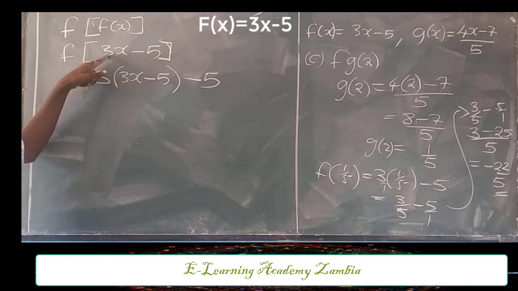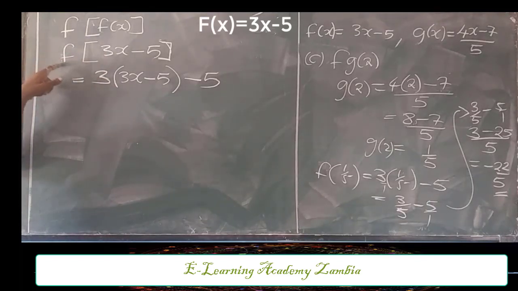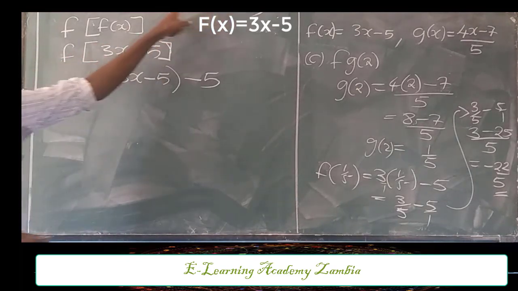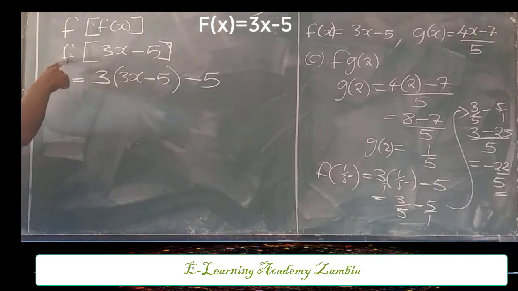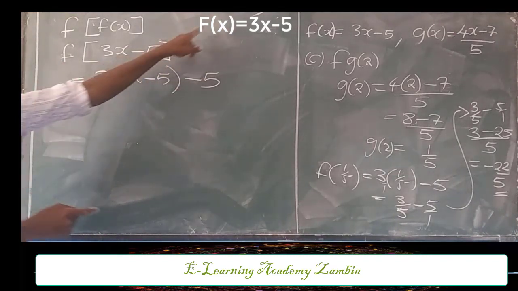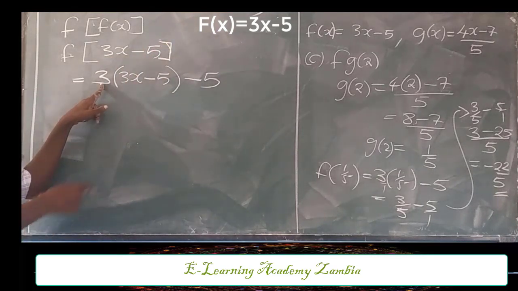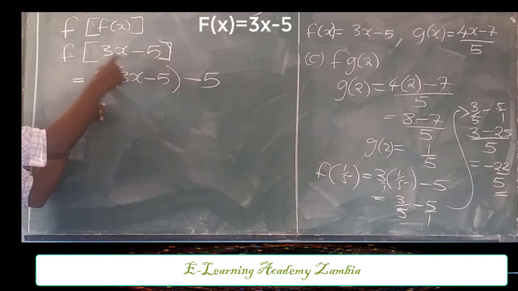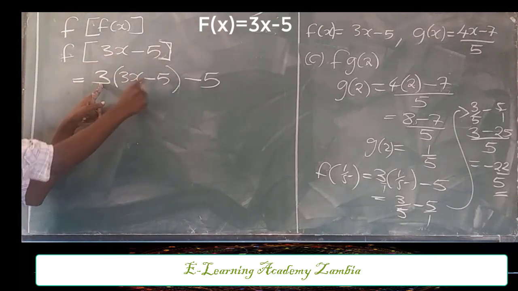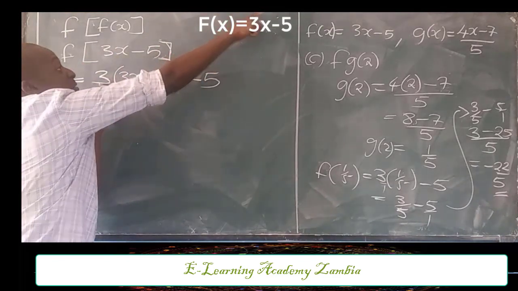Now, the next thing that we have done, since the function we have here is still f, it's still this one here, f. So what we have done is to write that one now for this one. So you write it, you have 3, and then here where you are supposed to have x, you open brackets and put this thing that you have in the bracket there. Then you have the minus 5 at the end.